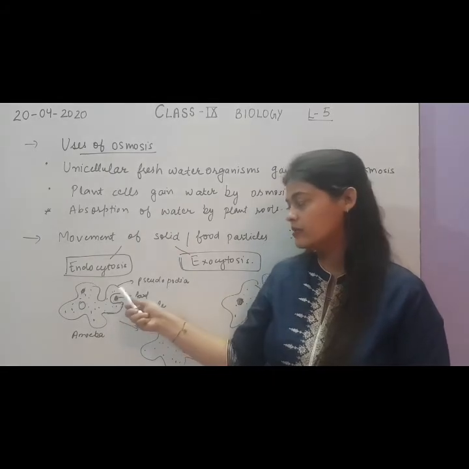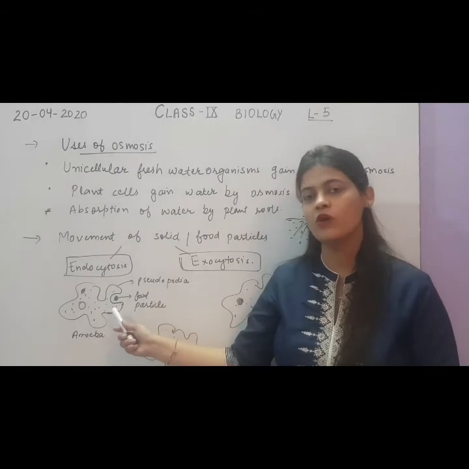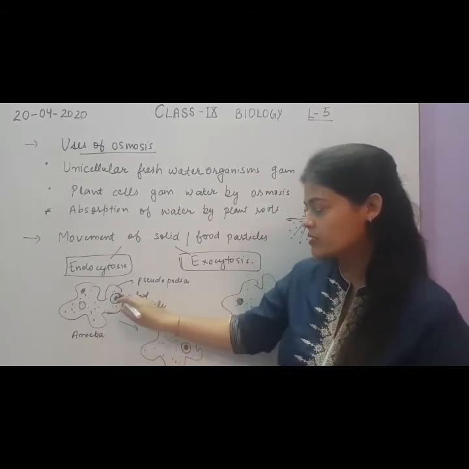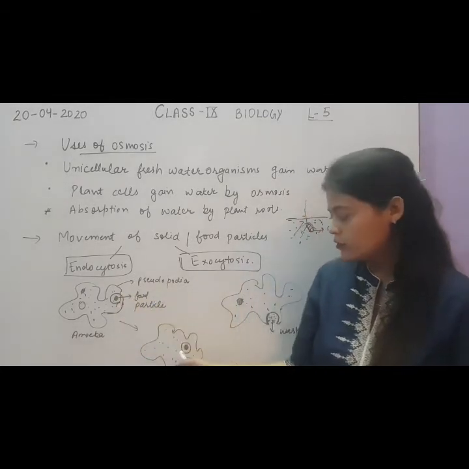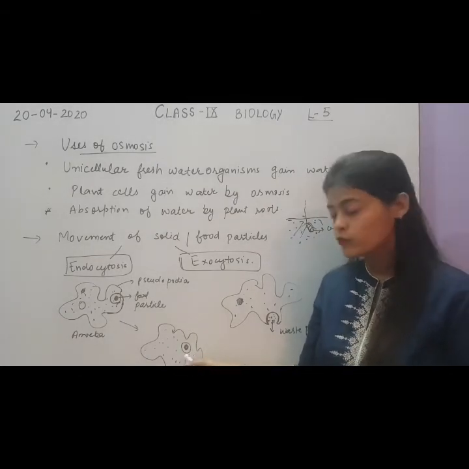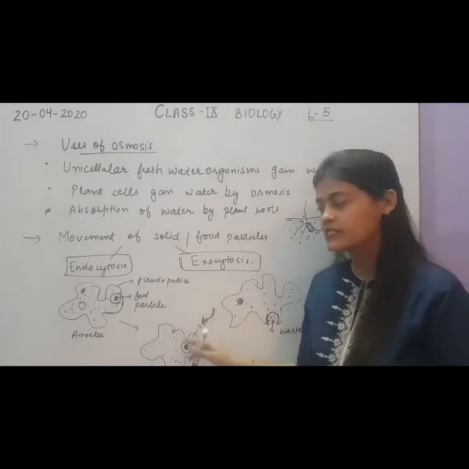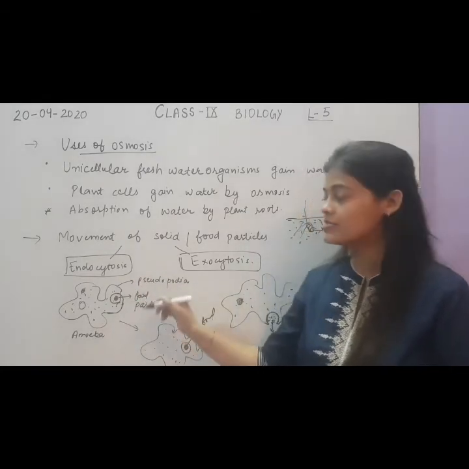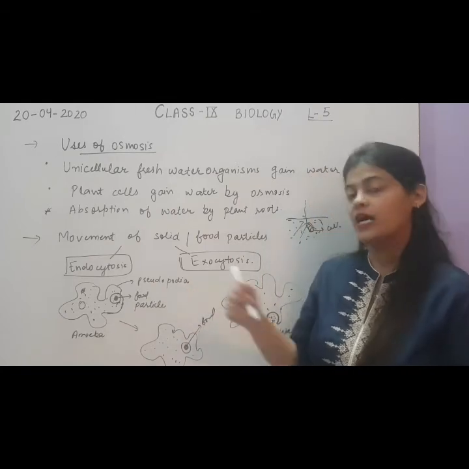After pseudopodia formation, the membrane from both sides will fuse like this, and later on you can see this vacuole-like structure engulfing the food particle. So this is the food particle, and this is the vacuole which is carrying it. This process is called endocytosis, because here the food particle has been engulfed by the amoeba.